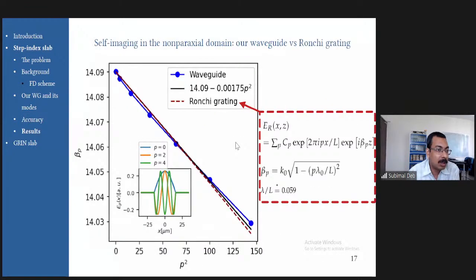We will now move on. Okay, before we move on to the graded index slab, I'll just talk about comparison of self-imaging in the non-paraxial domain and compare the case of our waveguide with another system, which is the Ronchi grating.